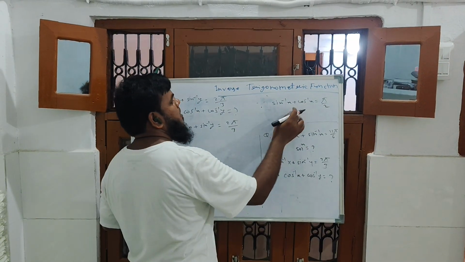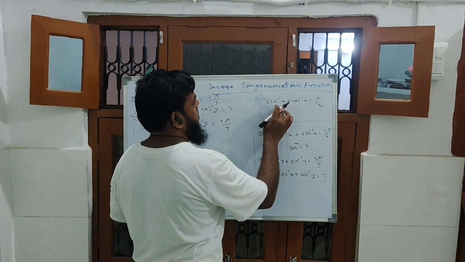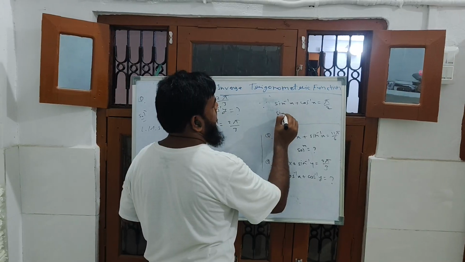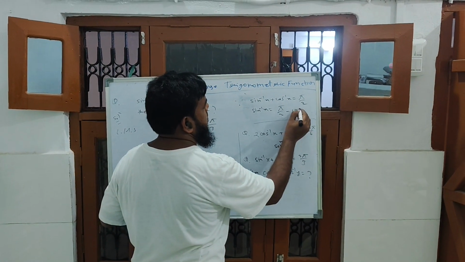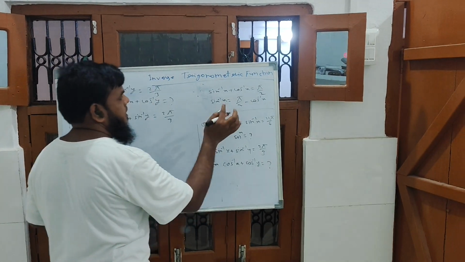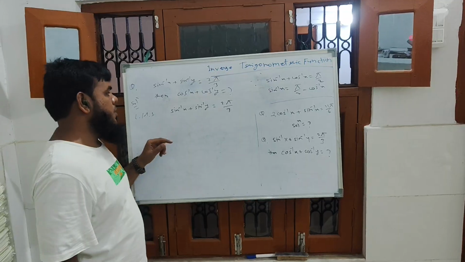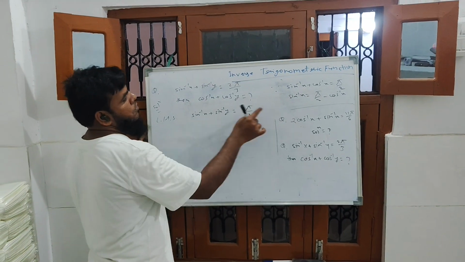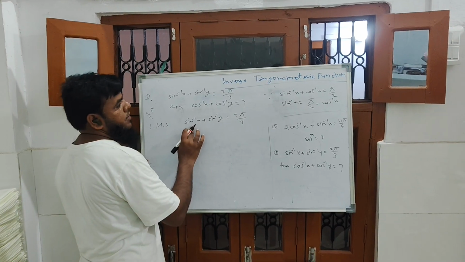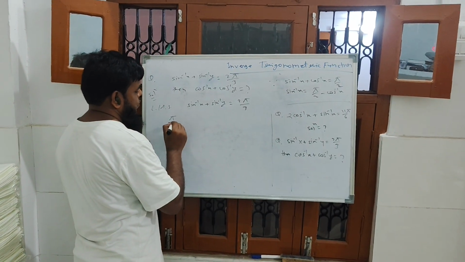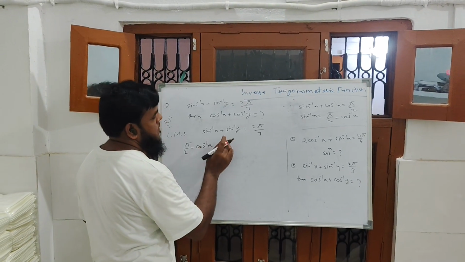So we can write sin inverse x equals pi by 2 minus cos inverse x. Put this value in place of sin inverse x.